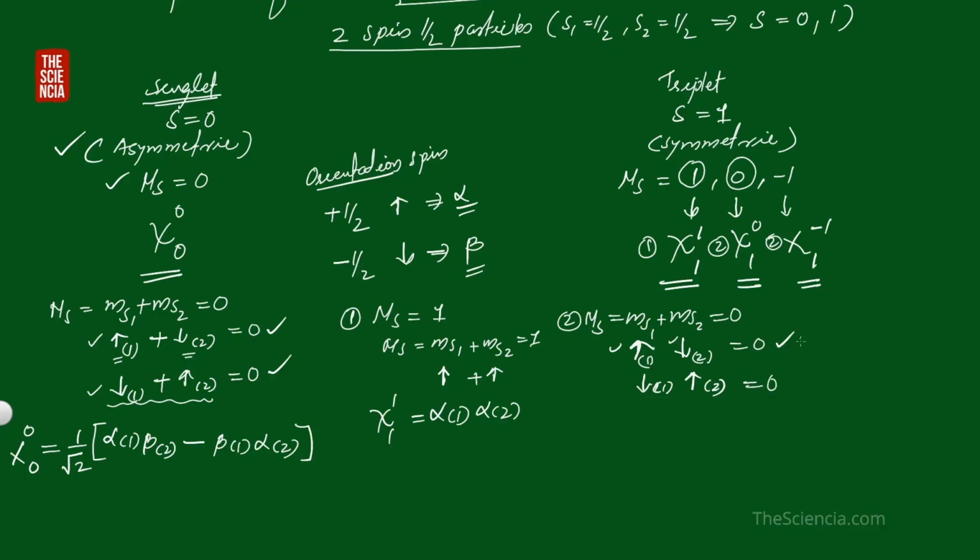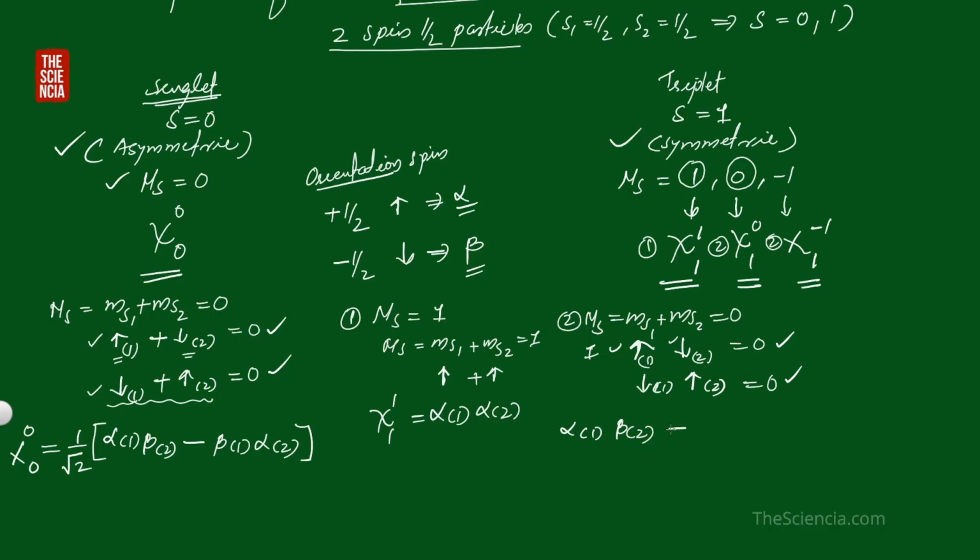So there are two possible combinations, and we can represent the first combination as alpha, that is spin up state and particle is 1, and the second one is spin down state, that is beta 2. And here I told you this is symmetric state, right?